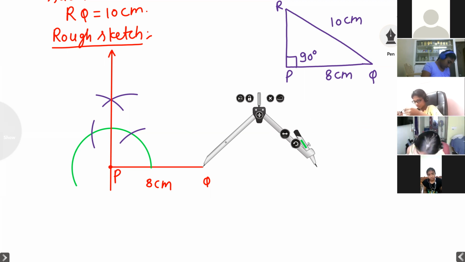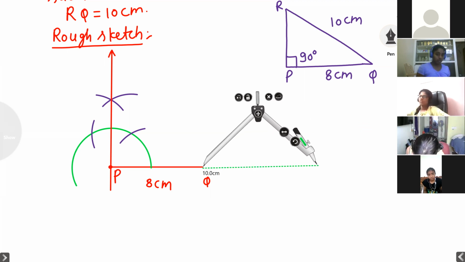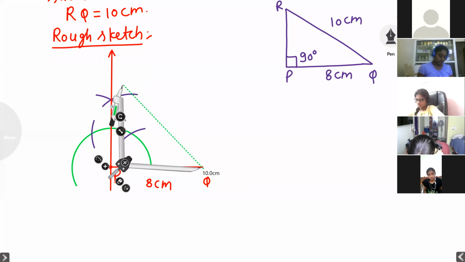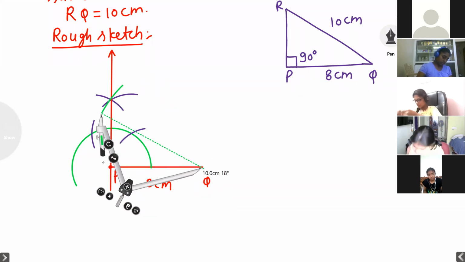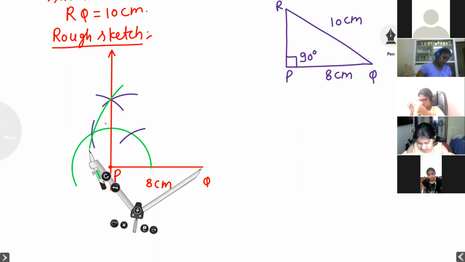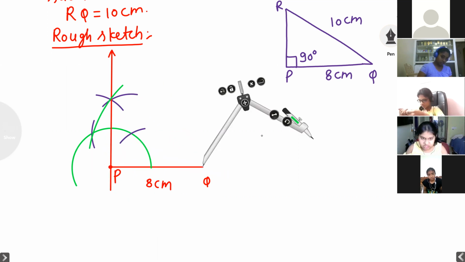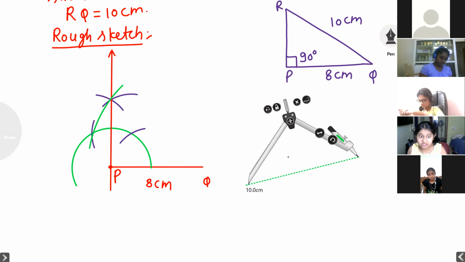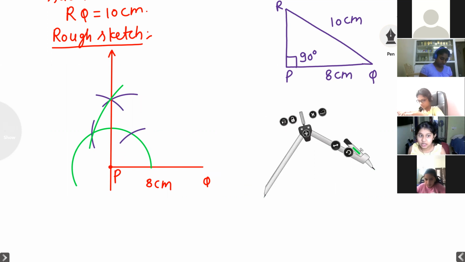Draw an arc of radius 10 centimeter. You are observing, students, this arc is intersecting at this point. Now join this point and Q point. This is construction of triangle PQR.